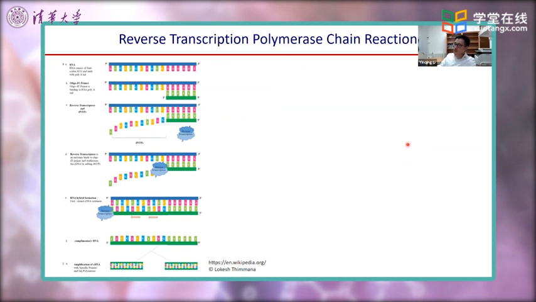The technology to detect the presence of a small piece of DNA is called reverse transcription polymerase chain reaction, or reverse transcription PCR, or RT-PCR. It needs this reverse transcription because, as we just said, the coronavirus is a single-strand RNA virus, and its genome needs to be first converted to DNA.